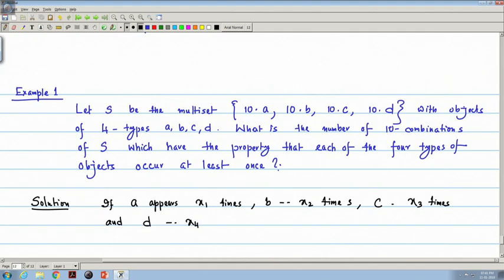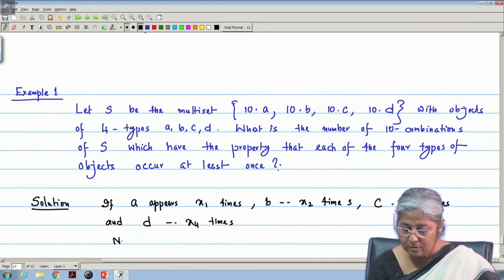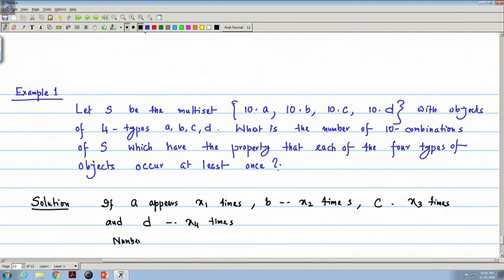That means x1, x2, x3, x4 are my repetition numbers. Or the other way, number of A's equals x1, number of B's equals x2, number of C's x3, number of D's x4.